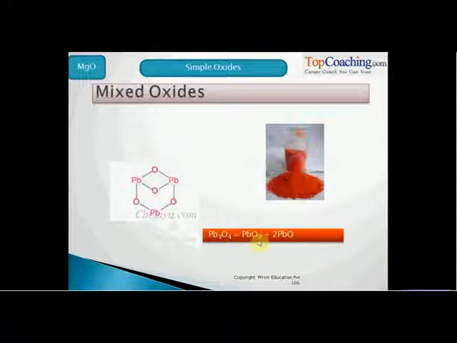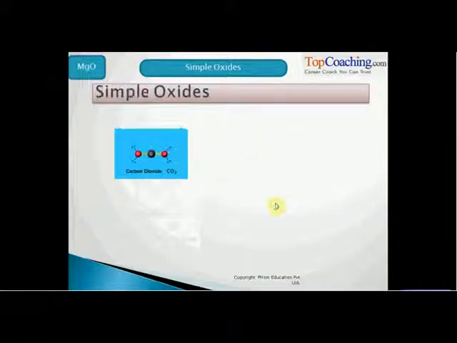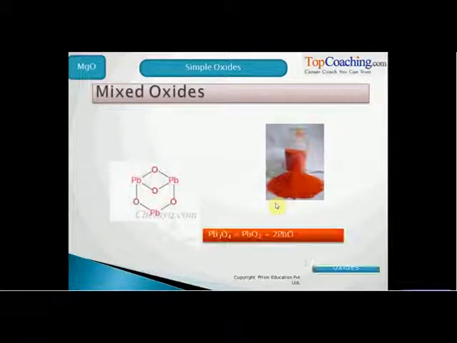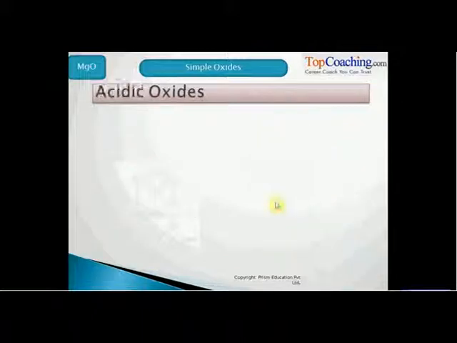Pb3O4 is a combination of PbO2 and PbO as well. So when such oxides which are a mixture of two oxides are found, we call them mixed oxide. Whereas an oxide as simple as carbon dioxide is known as a simple oxide. So this was one categorization of oxides between simple and mixed.